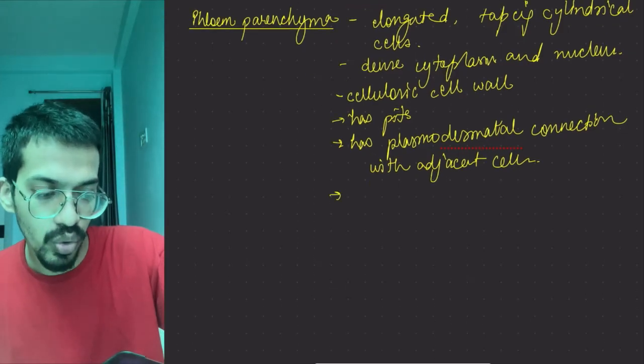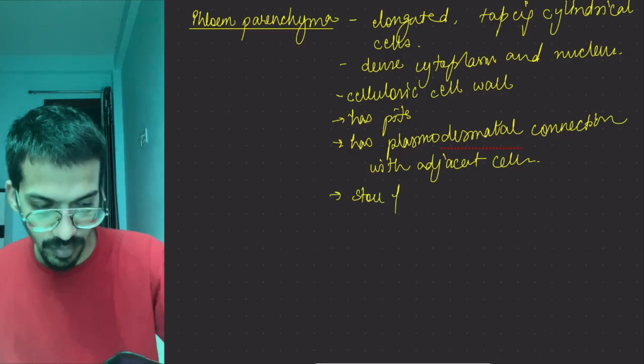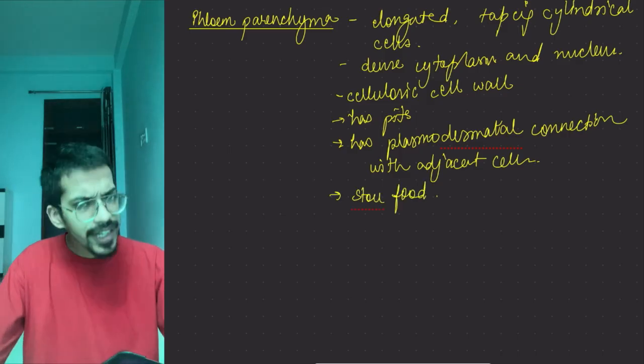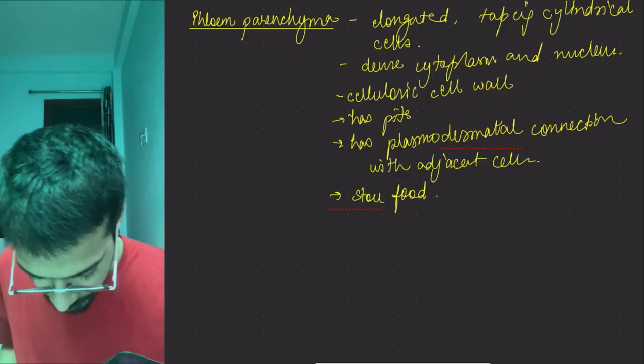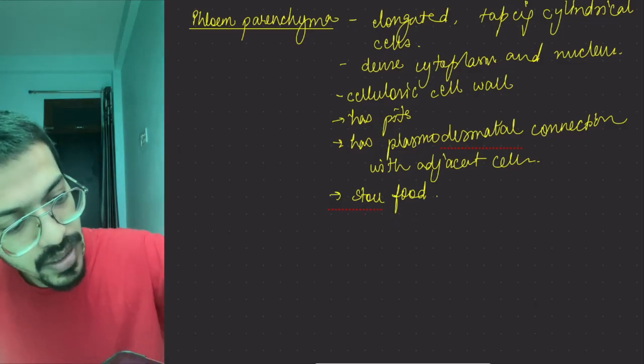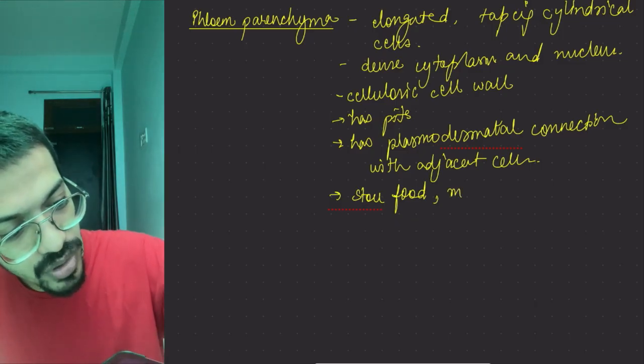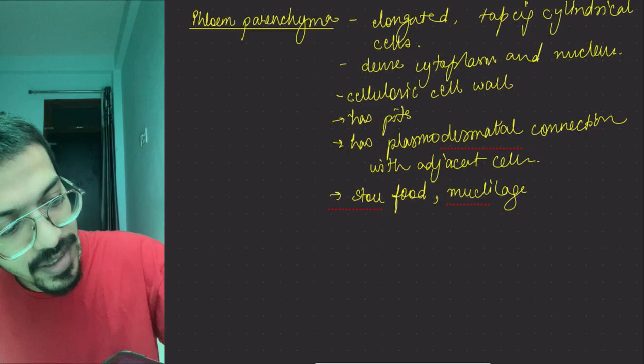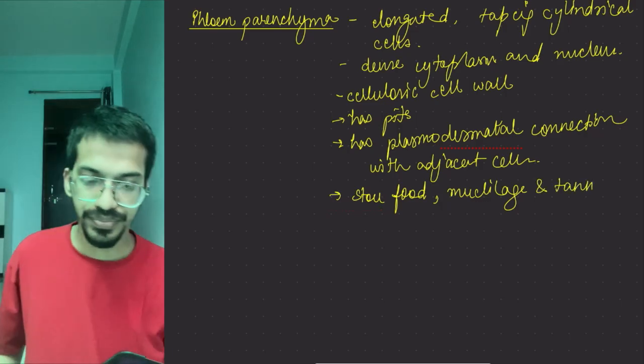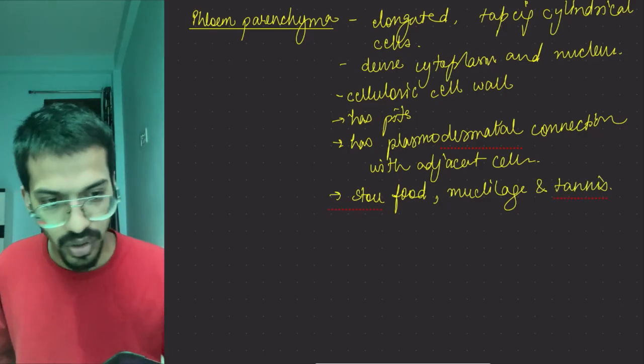So they store food, as well as help for the radial conduction of the food as well. Mucilage, tannin and resin-like substances, it secretes that also.